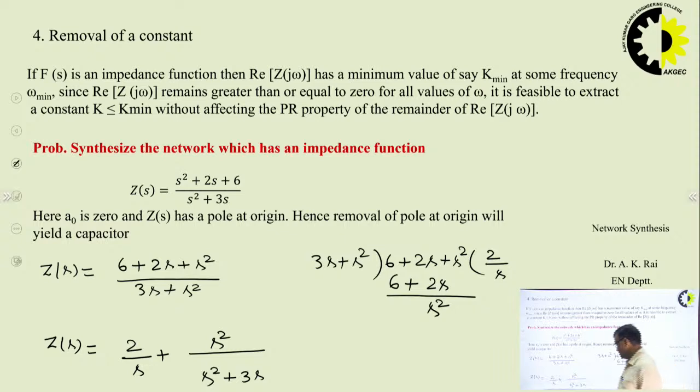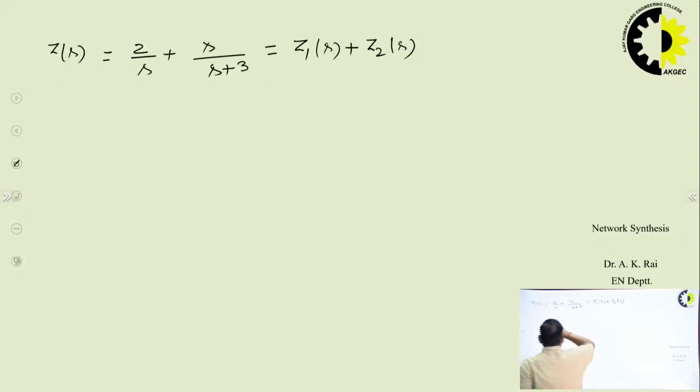If this is the impedance, this is also an impedance. So 2 by s should be a capacitor of half farad. So Zs is Z1s plus Z2s.